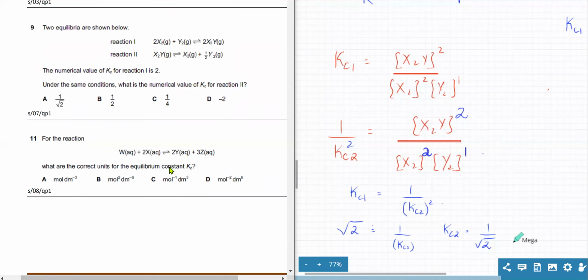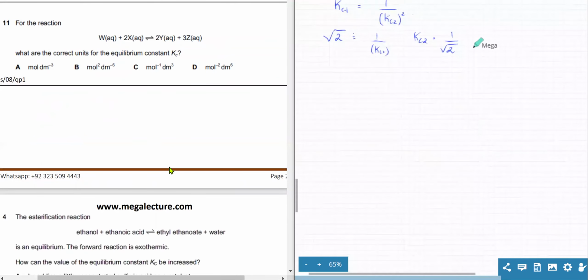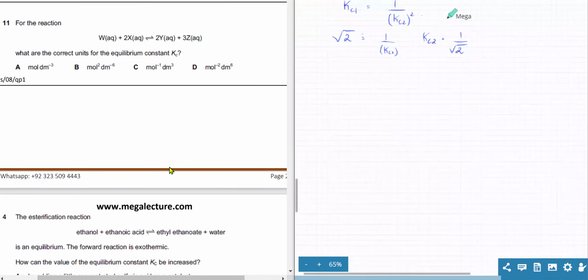So anyways, this one is an easy question. You just have to figure out the unit for Kc. Remember that I told you, don't simplify concentration, just take it as x. So the product is y squared into z cubed. So that is x squared into x cubed. And the whole thing will be divided by the concentration of x and concentration of w.